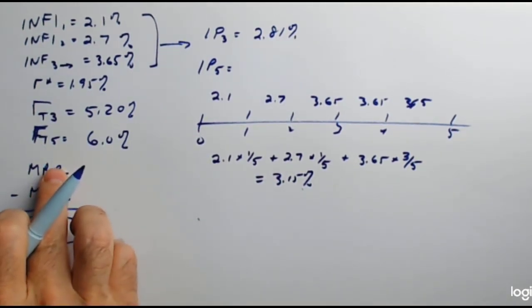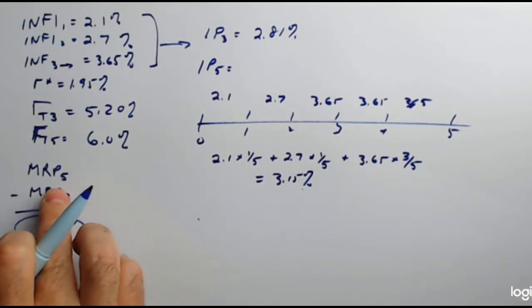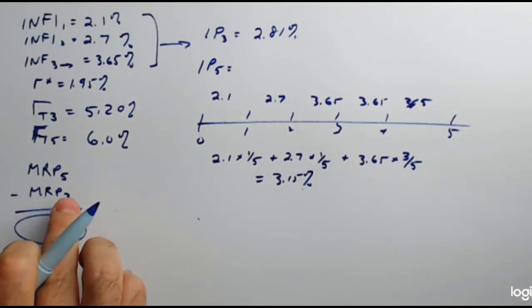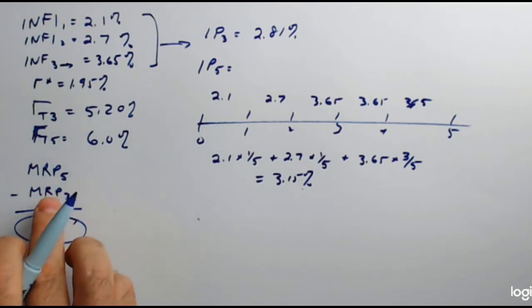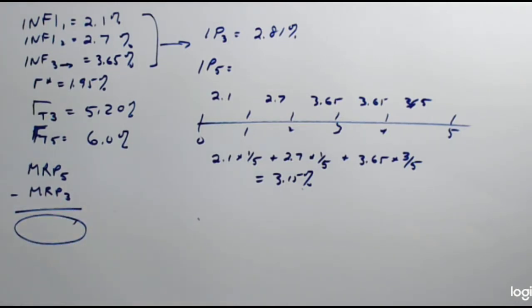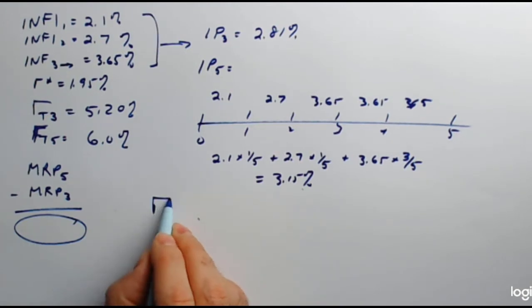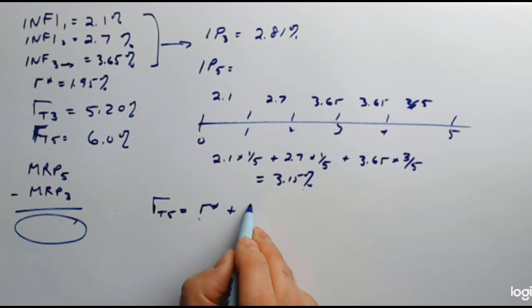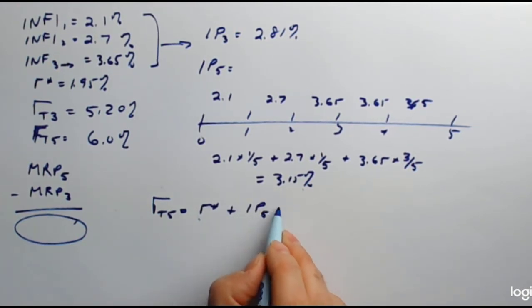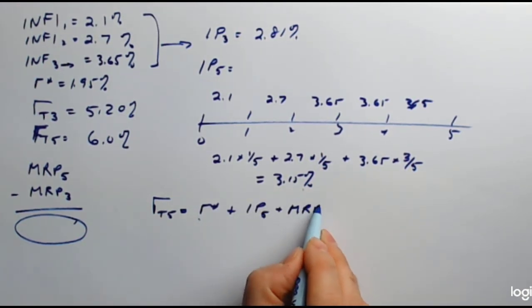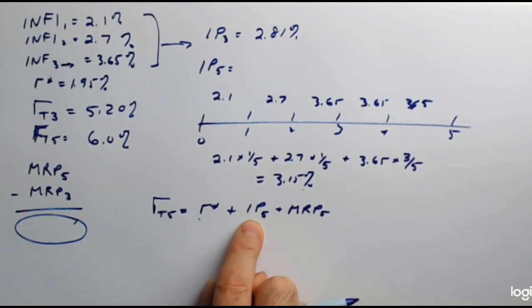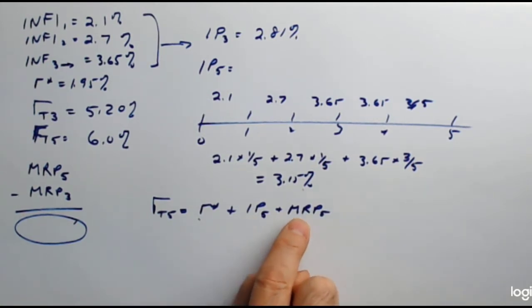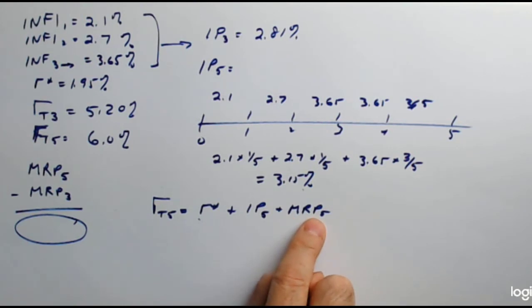Okay. Now, the next trick here in solving this problem is that they're giving you this difference. They're not giving you what MRP is for the 5-year security and for the 3-year security. They're giving you the difference. So sometimes this concept is helpful. We take RT5 equals R star plus IP5 plus maturity risk premium 5. So this is an inflation premium that averages 5 years and a maturity risk premium for a 5-year security.